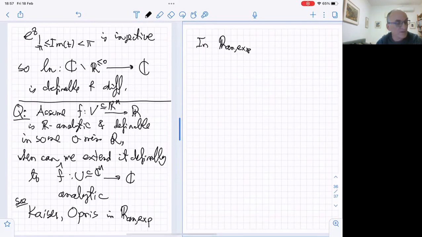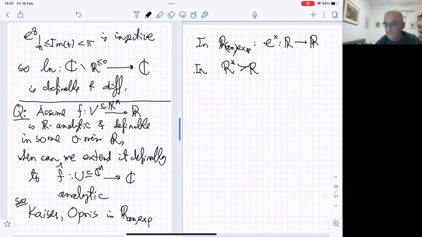In Rx, we have e to the x going from R to R. And then in elementary extensions, we can take, let's say, alpha infinite and look at e to the alpha ln x, which is definable and is just x to the alpha. So we have an infinite power of x definable.